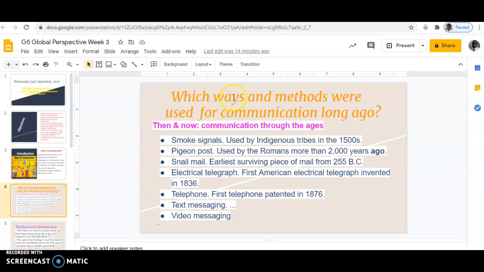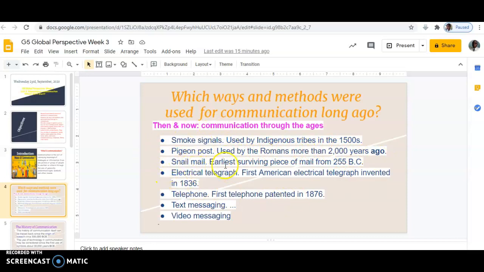Now, which ways and methods were used for communication long ago? Then and now, communication through the ages. We would use smoke signals, which were used by indigenous tribes in the 1500s. Pigeon posts were used by the Romans more than 2000 years ago.